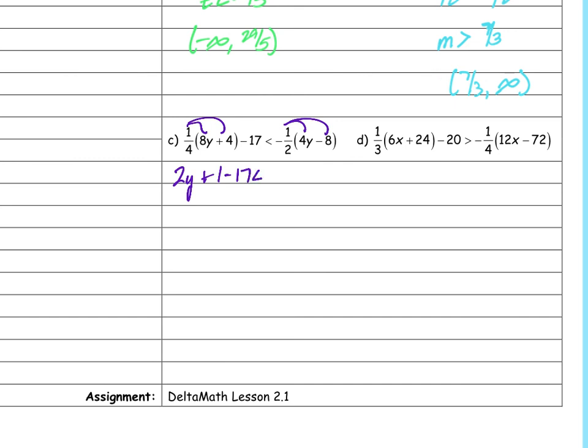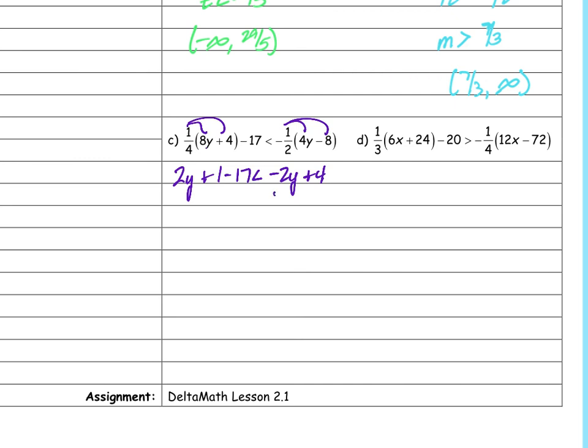And 1/2 of 4 is 2, and that's going to be negative 2. And 1/2 of 8 is 4, and a negative times negative is positive 4. Okay, so is that right? 1/4 of 8 is 2. Yep, that's right. It's 2.